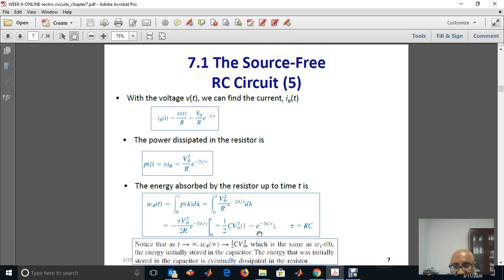Of course, initially only the capacitor has energy, but when t goes to infinity, the total energy which was in the capacitor will be absorbed by the resistor. As t goes to infinity, the energy will become 1 over 2 times C times V naught squared.